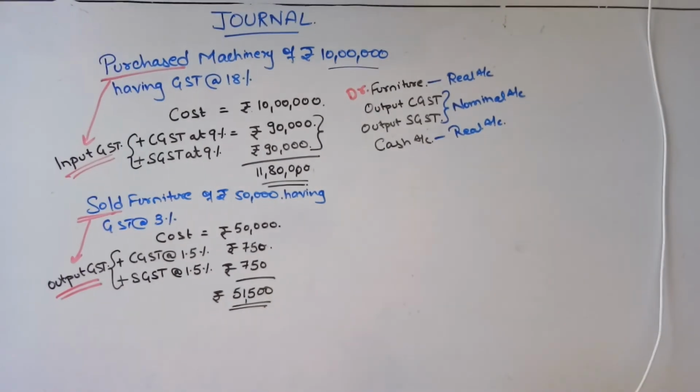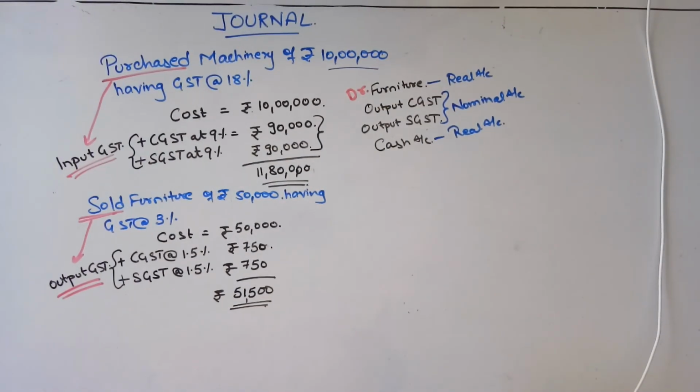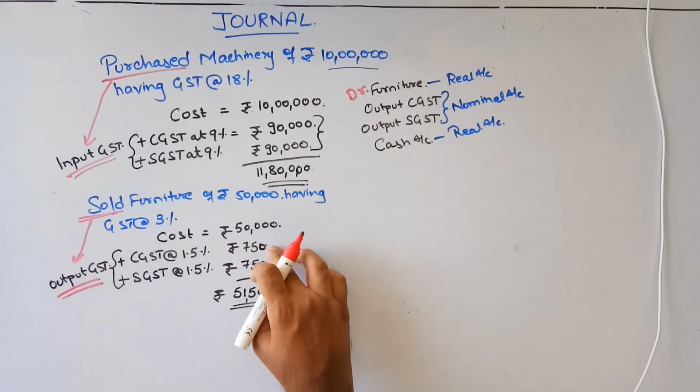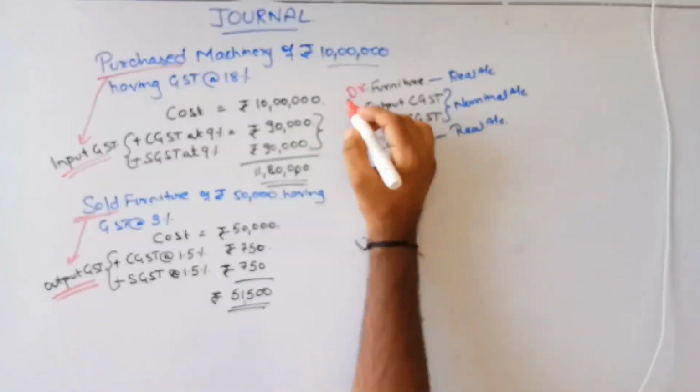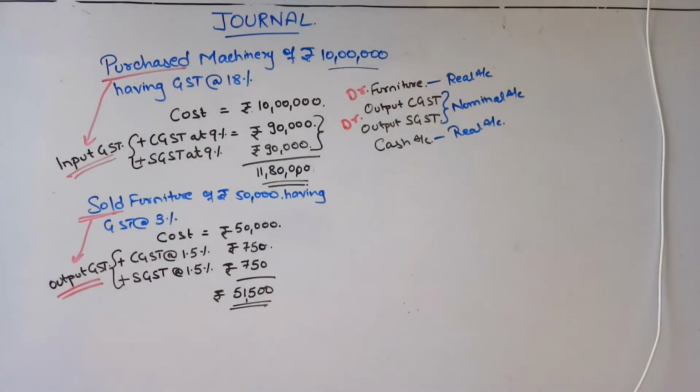Okay, output CGST and output SGST, what will happen over here? GST will be debited or credited? We have sold the furniture, so over here we have to pay the GST. Okay guys, sorry, we have to receive the GST over here, because both of these amounts we will be adding up, so that will be debited.